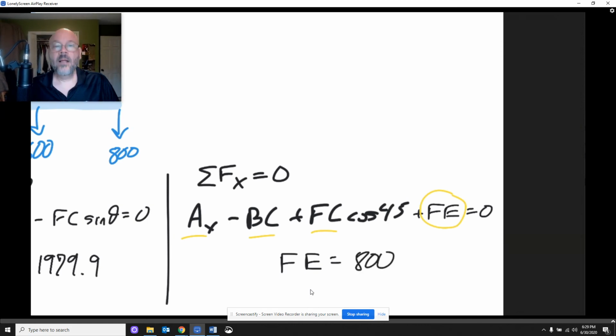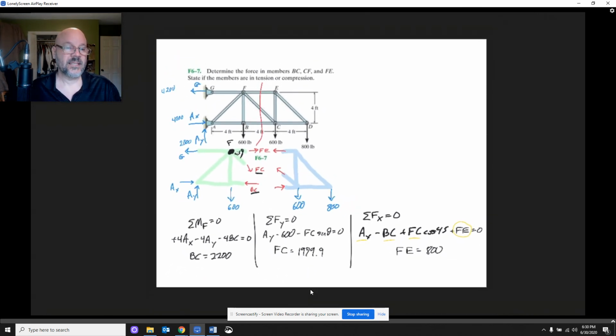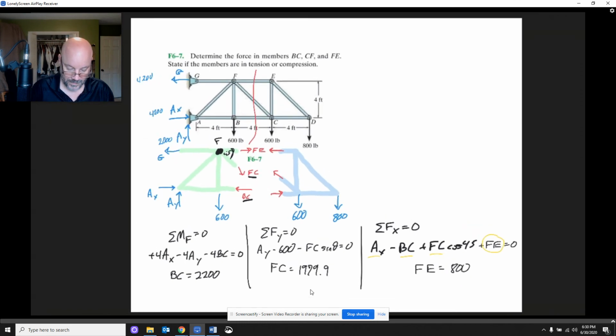Let me zoom out and let's give that a flyby again. I apologize if this seems a little disjointed. So this is the method of sections. What we're going to do is make a mathematical slice through our truss. Every component in the truss must be in equilibrium.